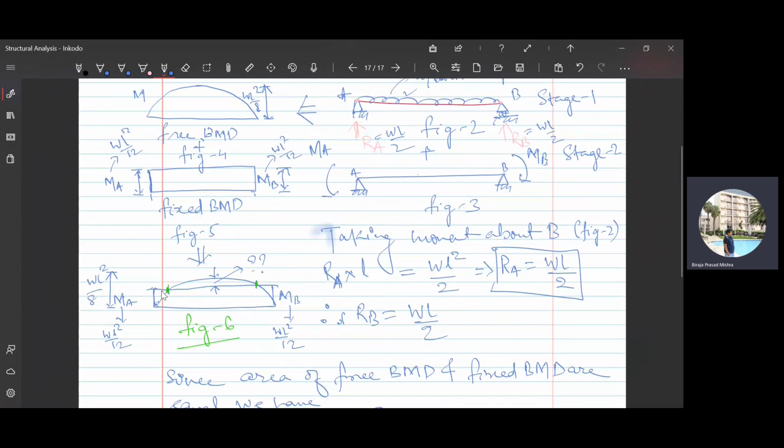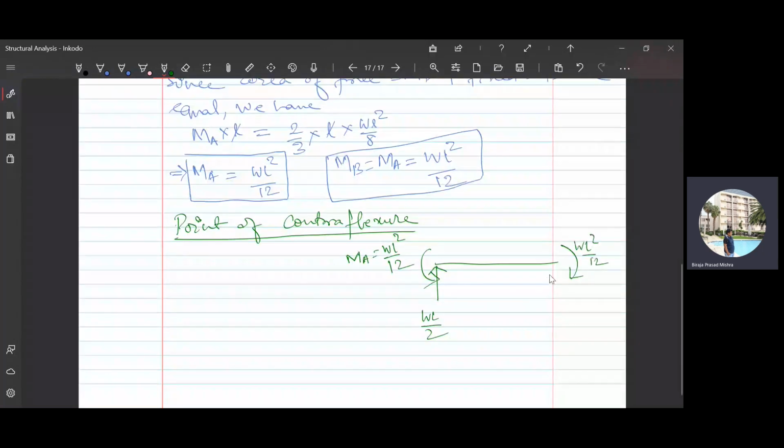The moment MA equals to WL square by 12, okay. What is the value of the reaction? It is WL by 2, okay. Now, similarly, here it is WL square by 12. Here the reaction is WL by 2, and here I have the load as W per unit length.